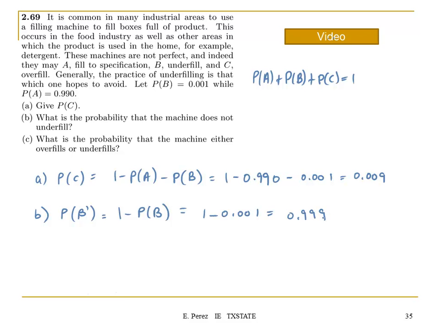Does that make sense? Right? Because you know the probability of underfilling, so the complement of that is the probability of that event not happening.